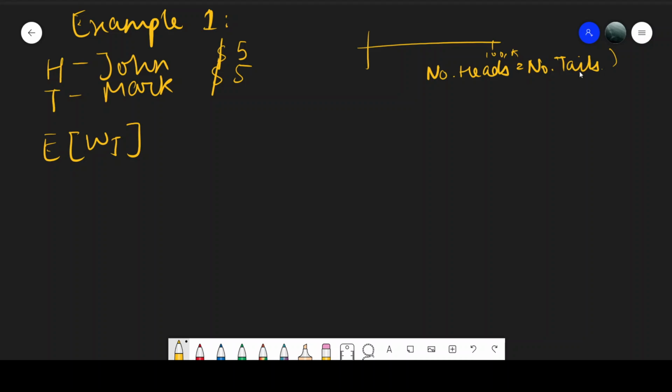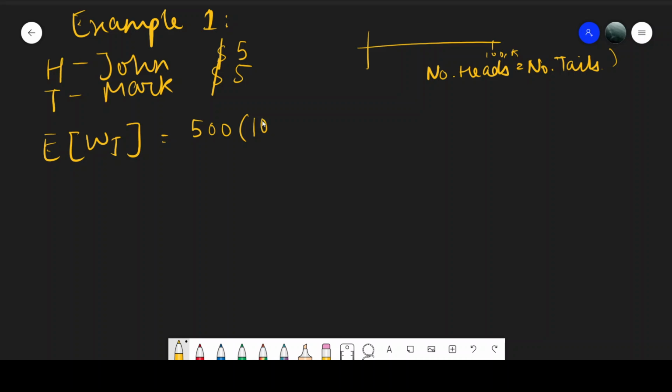So the expected winning of John: let's say in total there are going to be 1,000 coin tosses. He's going to win 500 times, getting heads in a very ideal scenario 500 times.